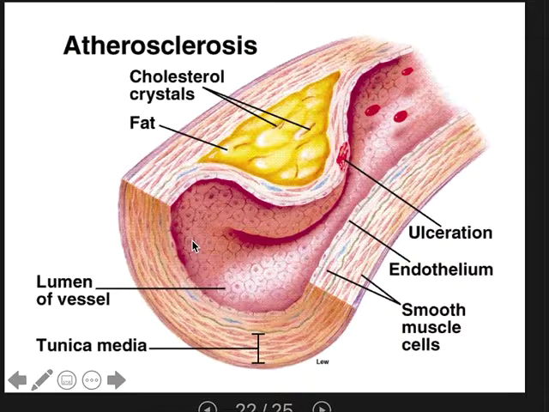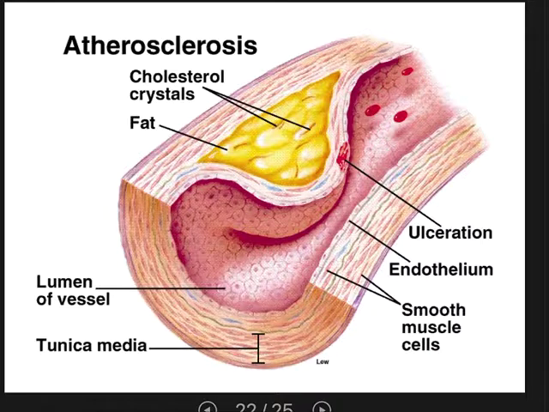All right, so speaking of vessels, atherosclerosis, I know you all have heard of. We talk about making sure you have a low cholesterol diet and plenty of exercise so that you can lower your chances of cardiovascular disease, which can include stroke, heart attack, right?